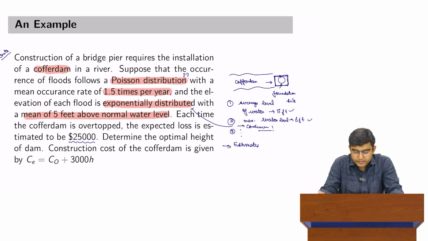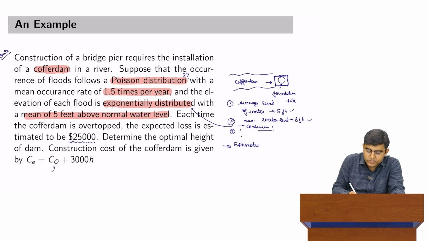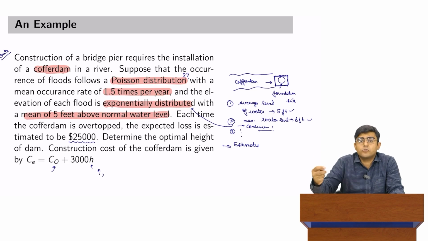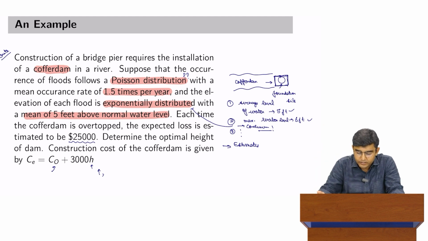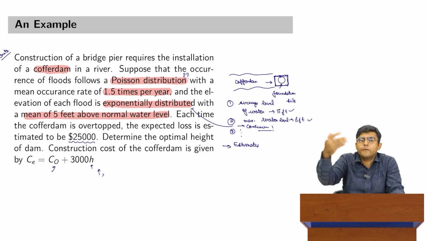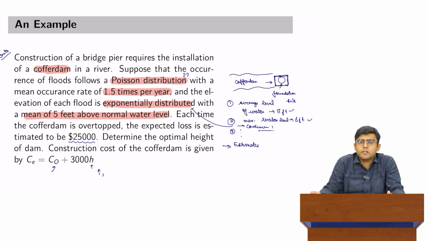And some other data is given: the construction cost of the coffer dam is given by C_E equal to C naught plus 3000 H. That means as the height of the coffer dam increases, cost would increase by a multiple of 3000 with each unit of height. Let's say we are talking about per foot of height, we have to spend another $3,000, or whatever currency we are dealing with.